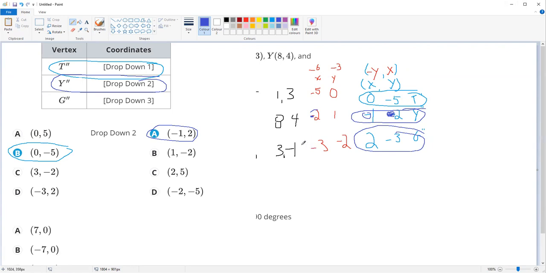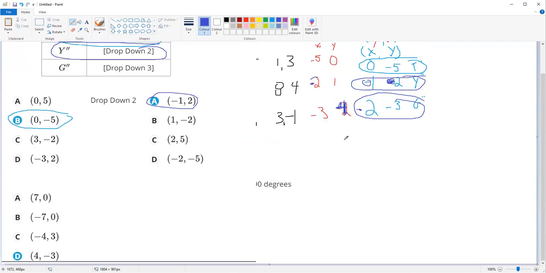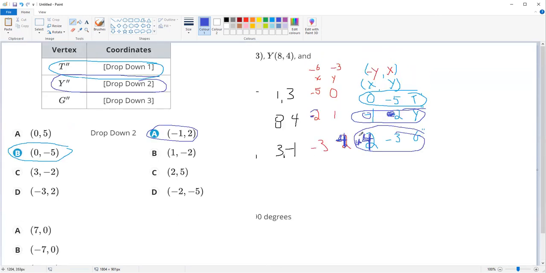Okay, so then if I go 3 minus 6 is negative 3. Yeah, I transcribed that wrong. That should be negative 4. That would have made that positive 4.